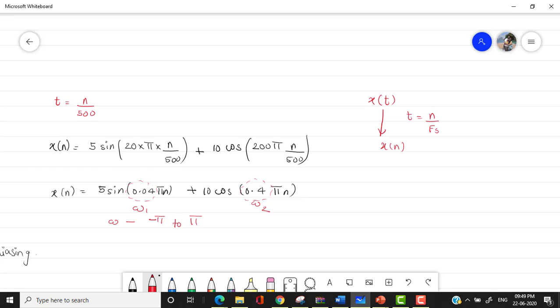So this will give me sampling. Now if I want to reconstruct from my discrete time signal, that is from xn to xt, I need a substitution which says that n is equal to t into Fs. So very simple for reconstruction. So let's see how to perform reconstruction.